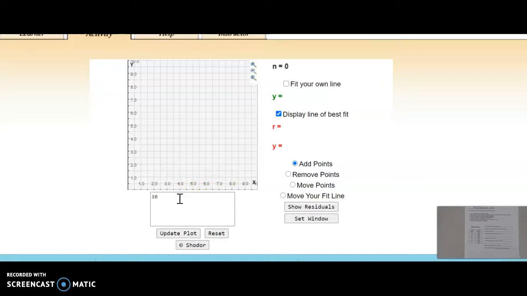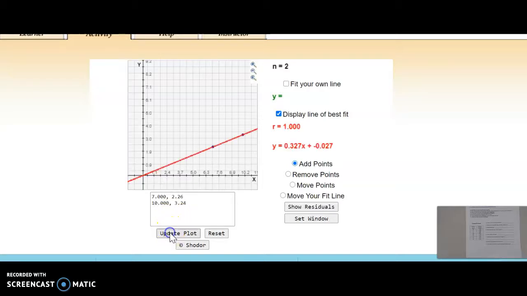We've got 10, 3.24, and just hit enter, and it will go to the next one. So we're going to put 7, 2.26. If I hit update plot, oops, I don't want the best fit yet. It shows those 2 points. Then you can just go back in your table, and we'll enter in the rest. It does put them in order, so don't worry about that.